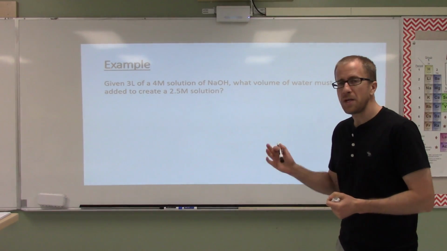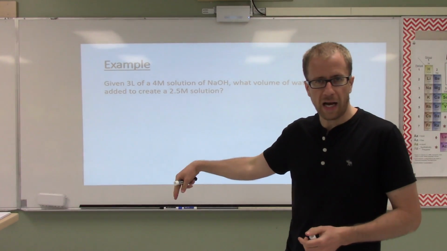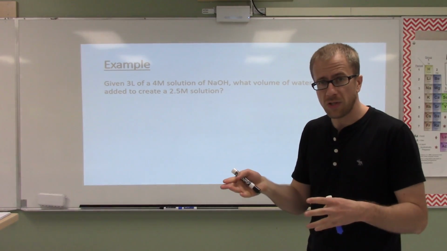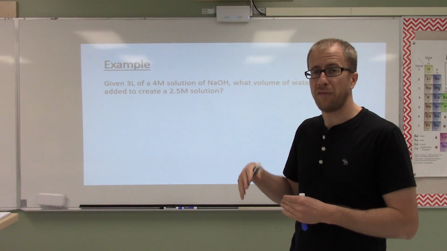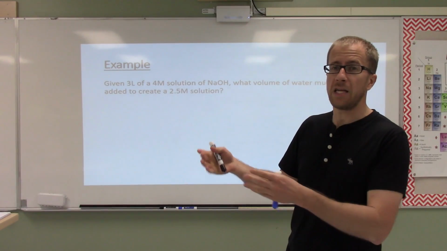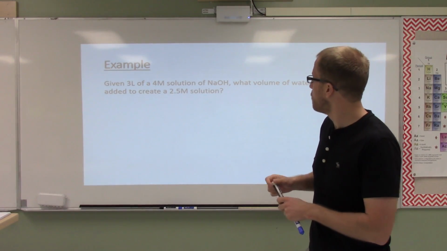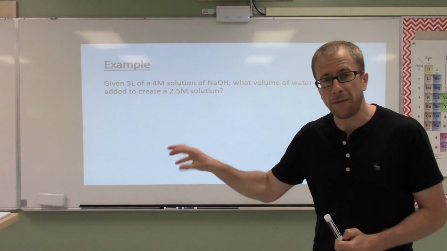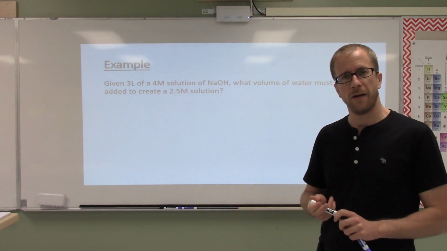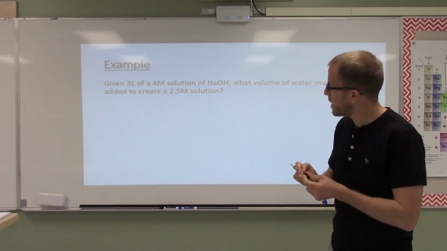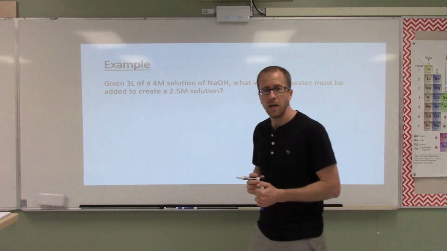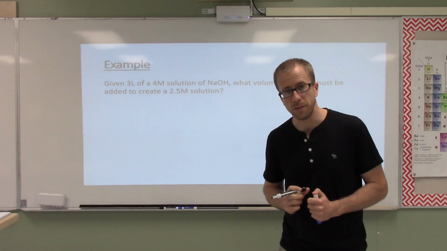So what do we know? The moles before is equal to the moles after. So we could figure out the moles before, make that equal to the moles after, and we can use our concentration formula to determine the final volume. Now, if you didn't follow that, we're going to go through it step by step. So how many moles of NaOH do we have prior to dilution?